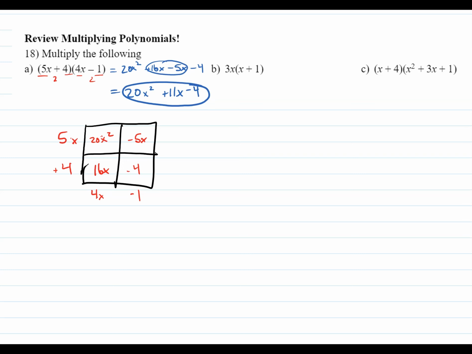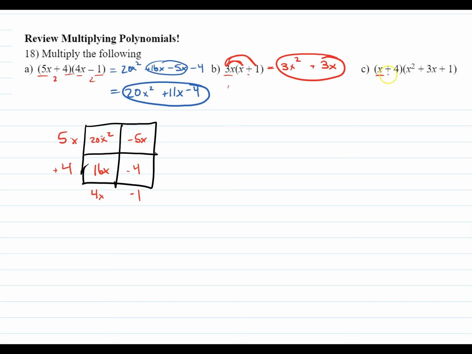Part B. You can draw the box, but because this is just a single term right here, it's easier to use distribution. So distribute the 3x. 3x times x is equal to 3x squared plus 3x times 1 is 3x. Part B is done.